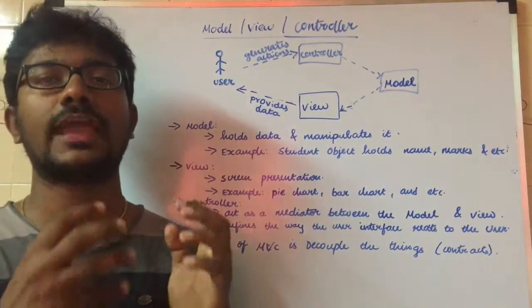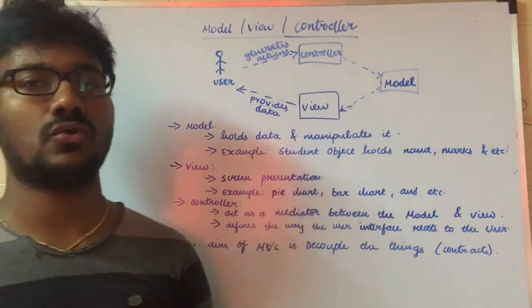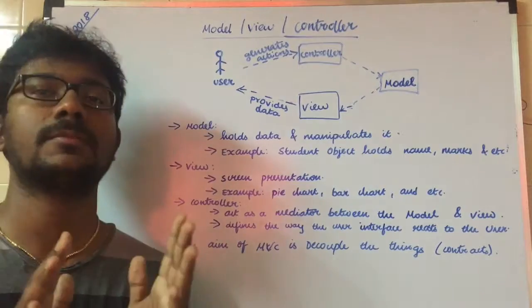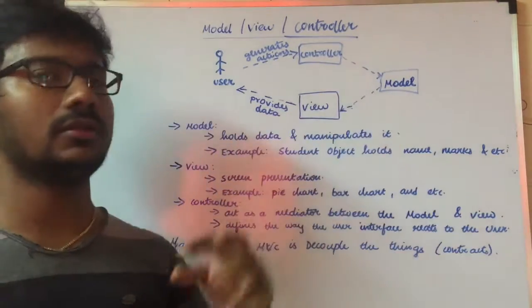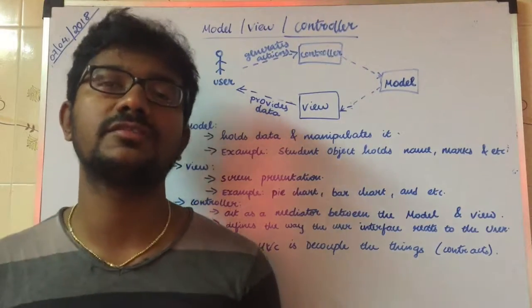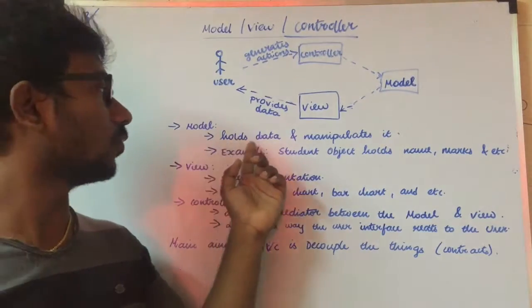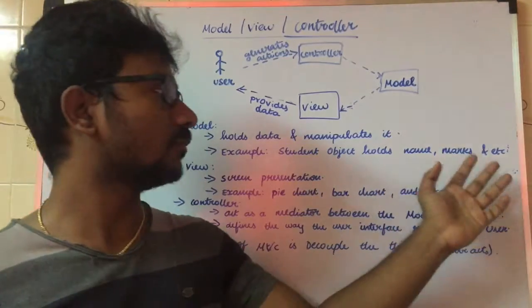The view layer captures the data and it is sent to the model via the controller, which acts as a mediator between view and model. Then the model gets that request and updates the existing phone number with the new phone number. So the model holds data and manipulates it. For example, a student object holds name, marks, and so on.